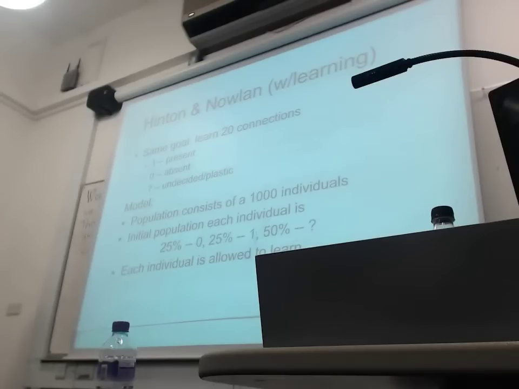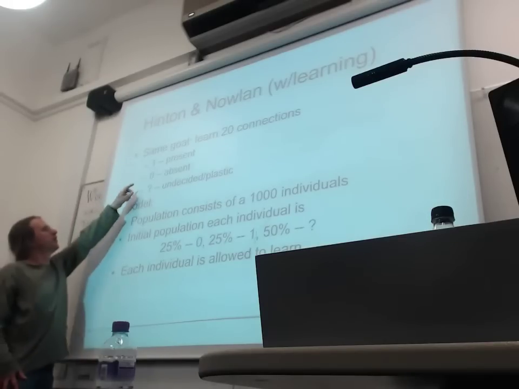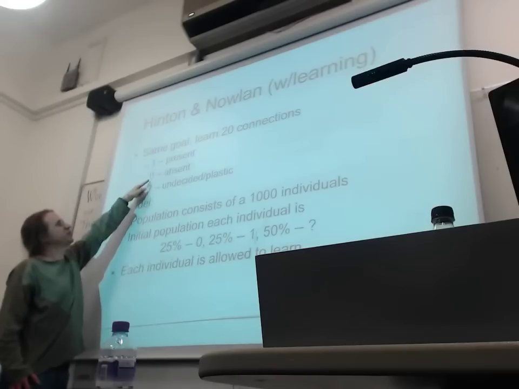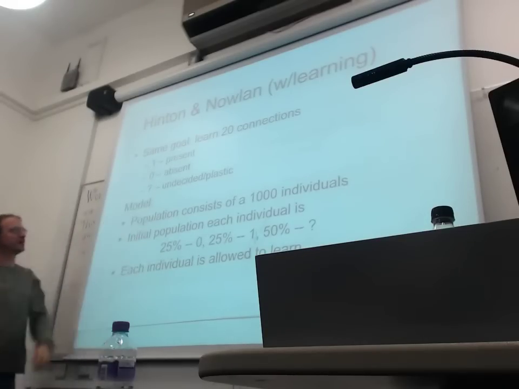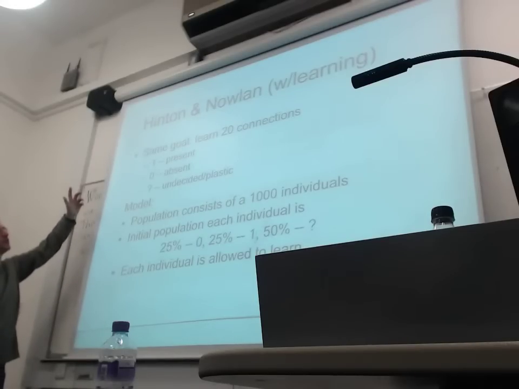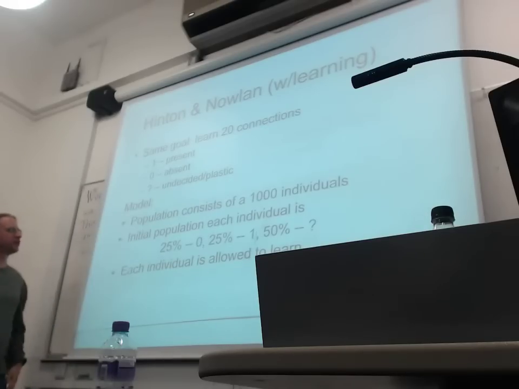Once more, we're going to try to learn this neural network of 20 connections, but now we're going to simulate the organism's lifetime, and we're going to allow learning in the lifetime. So the representation for a given locus will be that it's on 1, or it's absent, or it's undecided. This will be our learnable trait. So we're not going to just evolve some specific sequence of 1s or 0s. I mean, that's our aim, but we're going to have some sort of plastic trait in there.